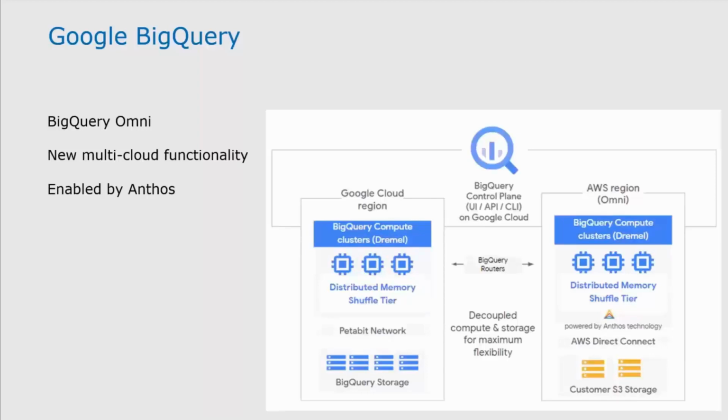So you run your queries where your data is. So if your data is in an S3 bucket, you can deploy BigQuery through Anthos and query it there instead, which is opening up a whole new fun way of doing multi-cloud functionality. I haven't been able to try it myself yet, but I'm really looking forward to giving it a spin because it's opened up a lot of different possibilities.